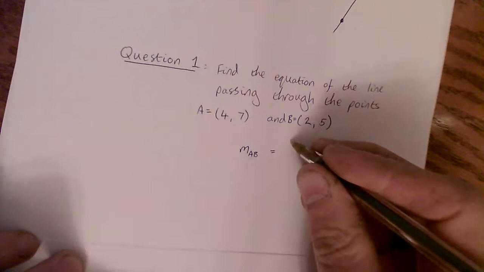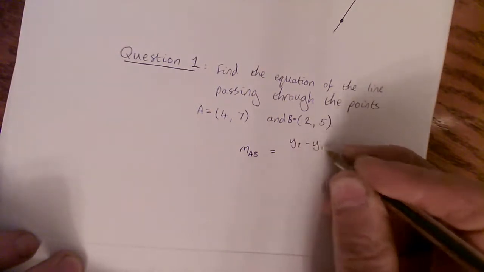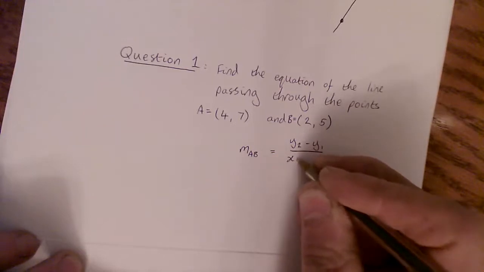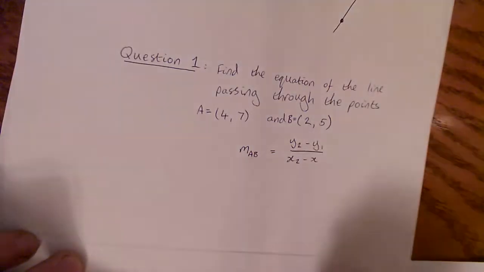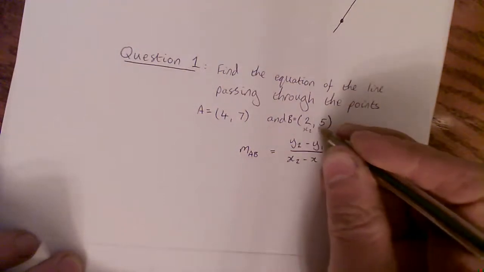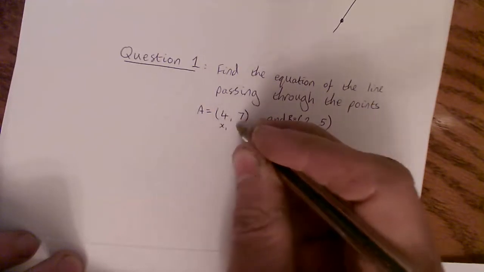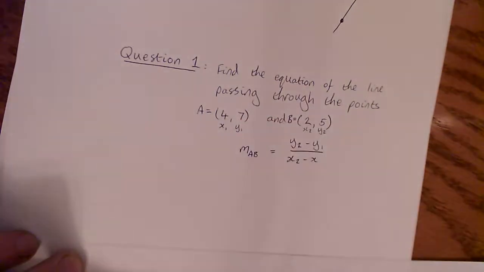Now, I'm not going to go through why this is the formula again, but remember it's y2 minus y1 over x2 minus x1. We need to label up our points. Well, this is x2, y2 is that point there, and x1, y1 is that point there.